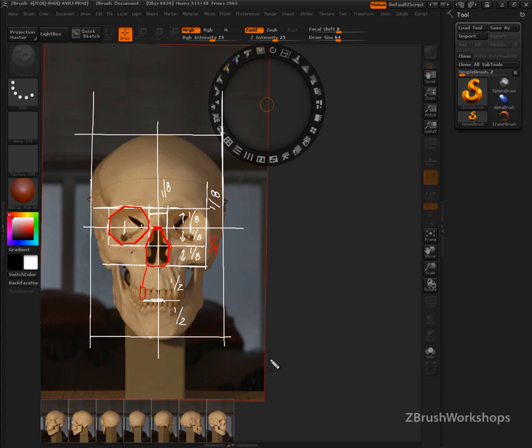In our case, I'm going to place the corner of the mouth slightly outside of that. I'm going to place it right at that halfway point, but the line of the lip comes up. The bottom lip is going to cover this bottom portion. That's kind of a large lower lip, but upper lip is here.